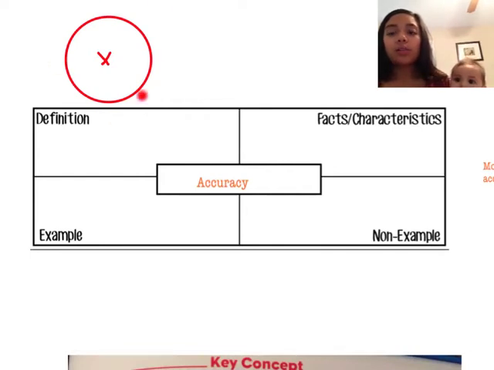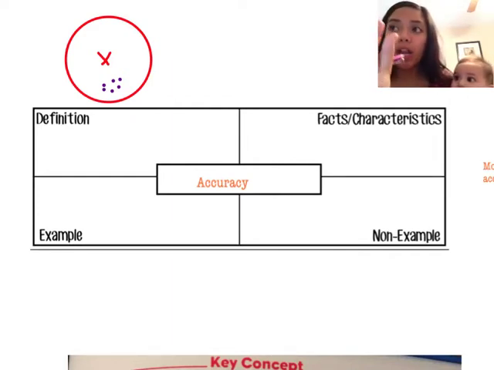If this is my dartboard, if I were to say something is precise and I were to say, I hit the dartboard right here. Now, that's not in the center of my dartboard, but that is precise because it's all around the same area. It's in a small area.